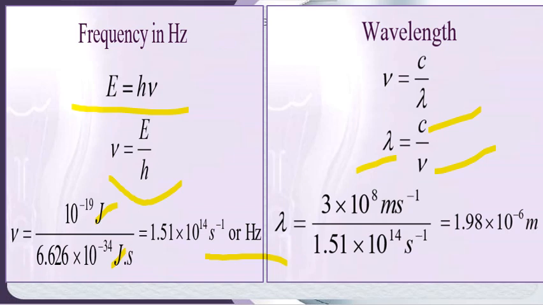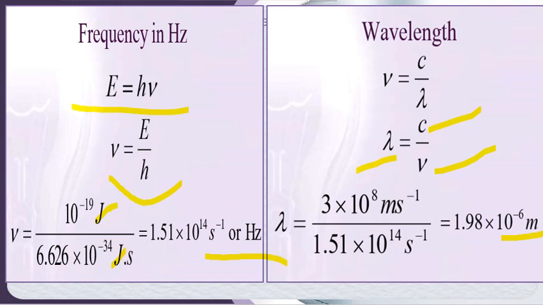The frequency of radiation is 1.51 times 10 to the 14 per second, while the velocity of light is 3 into 10 to the 8 meter per second, right? After doing this calculation, you will get the answer only in meters, as the s minus 1 will be cancelled, right? So the answer is 1.98 into 10 to the minus 6 meters.